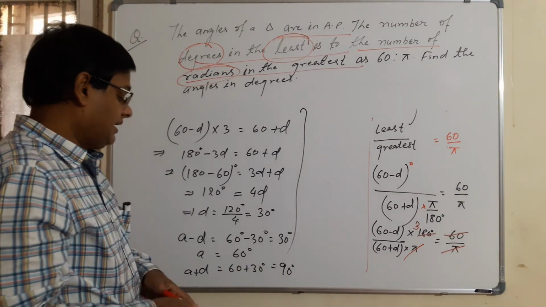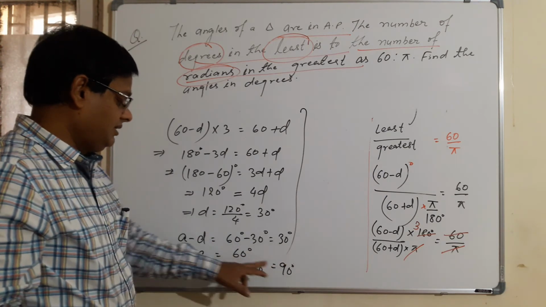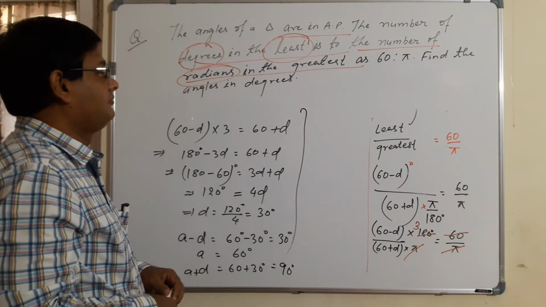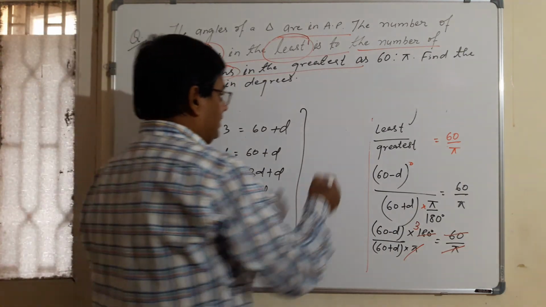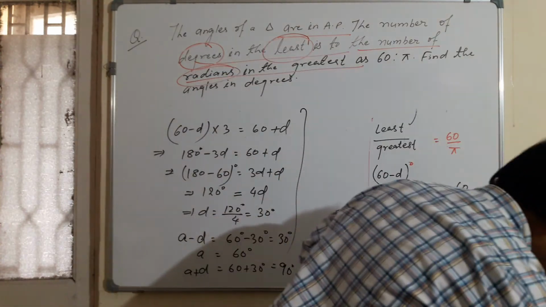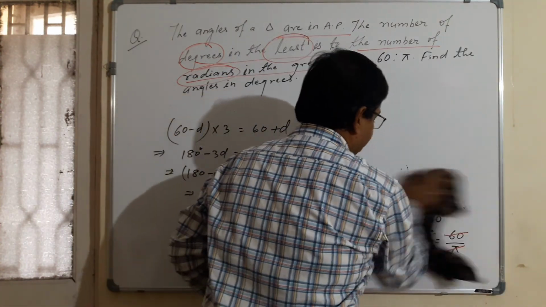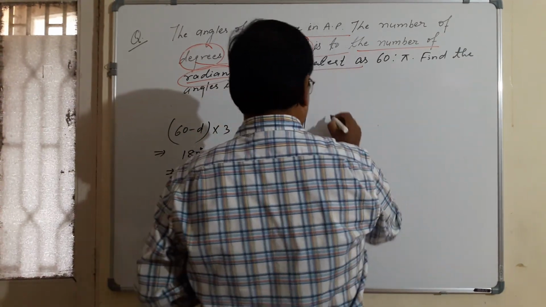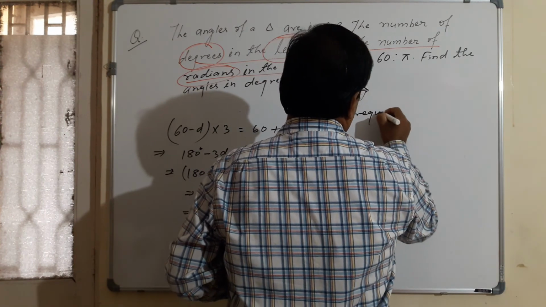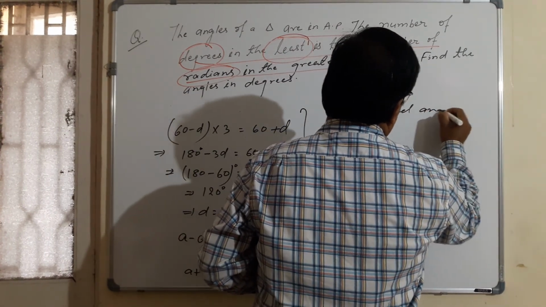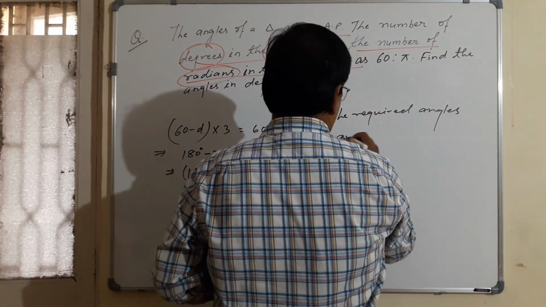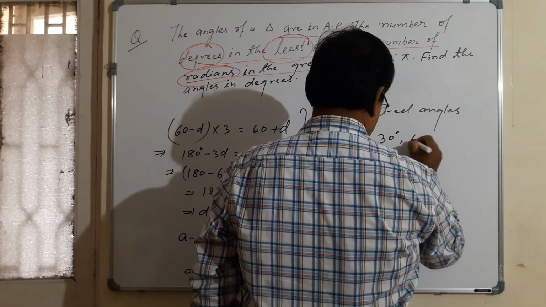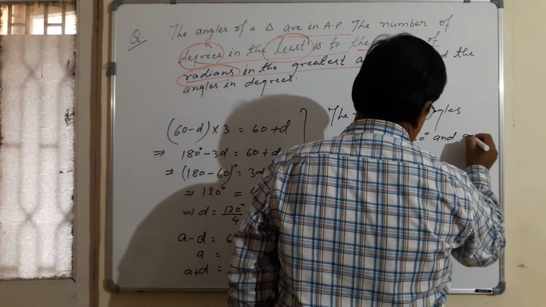So these are in AP: 30, 60 and 90. So these are the required angles. Find the angles in degree. The required angles are 30 degree, 60 degree and 90 degree.